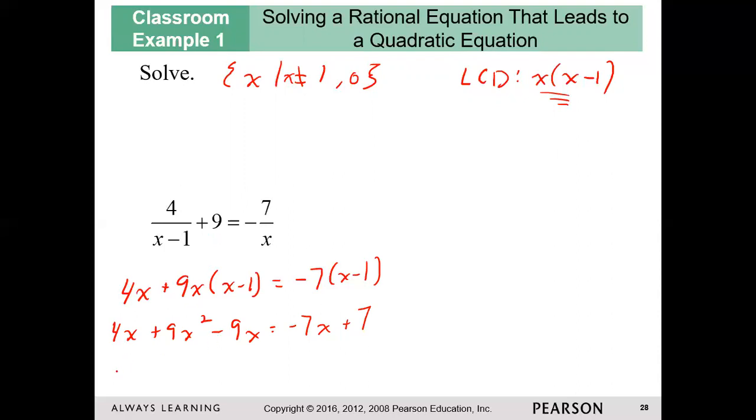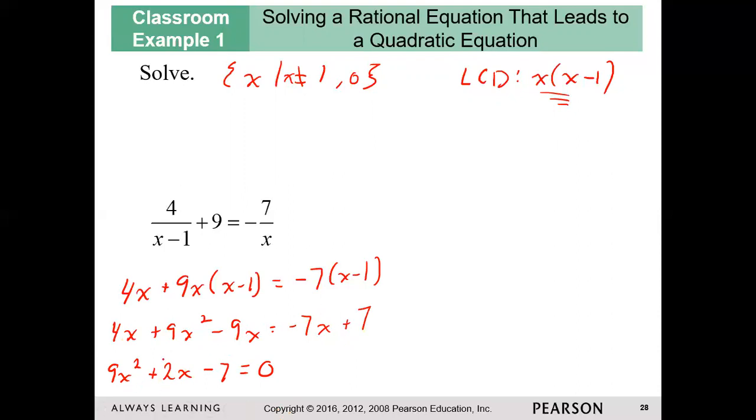So we'll move everything to one side, so that gives us 9x squared, and that's going to give me -5 plus 7, so that's plus 2x, and then minus 7 is equal to 0. Again, remember, you have to combine these terms. So positive 4x minus 9x is going to be -5x. Add 7x, you get your 2x. And then, of course, subtract 7 from both sides.